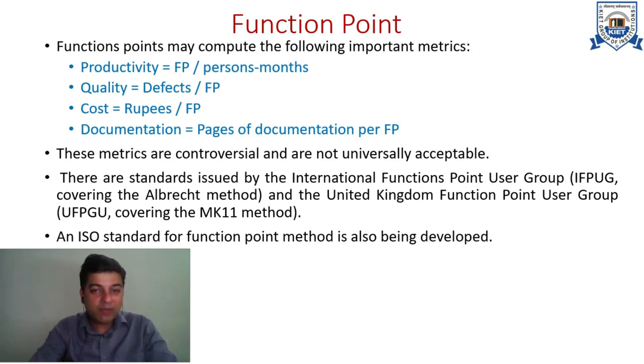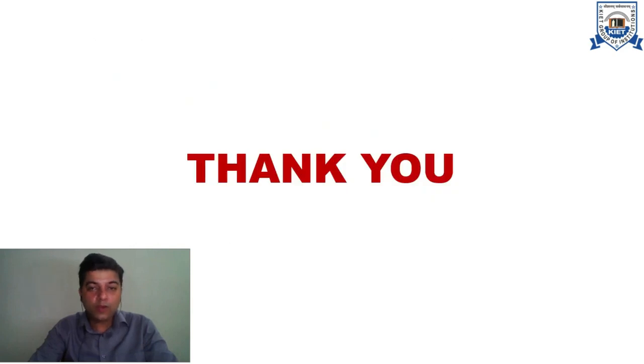So this type of matrix gives a more confirmed idea about the complexity and the effort required for any product which is going to be developed. So these matrices are controversial and are not universally accepted. Some organizations accept it, and some organizations have their reservations in accepting these types of matrices. This was all about function point matrix.